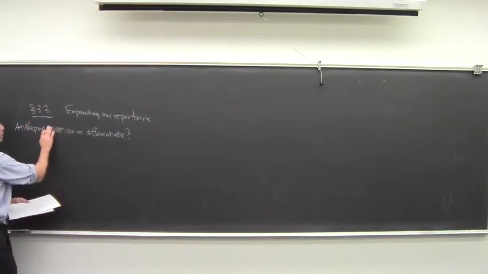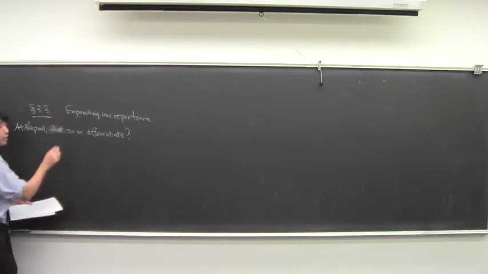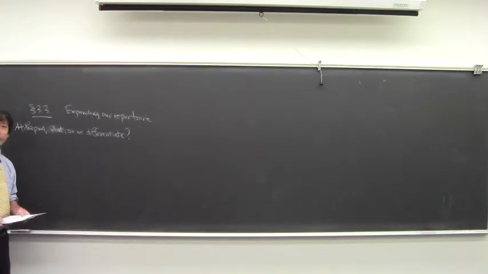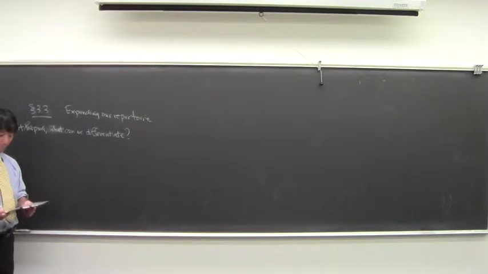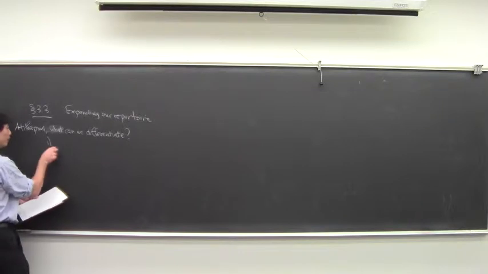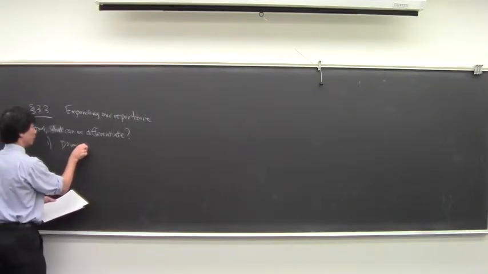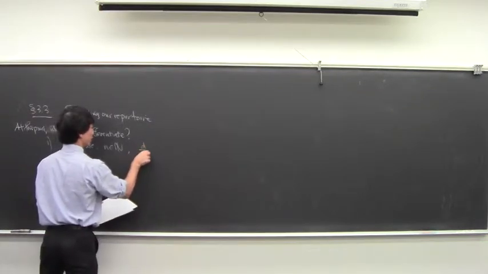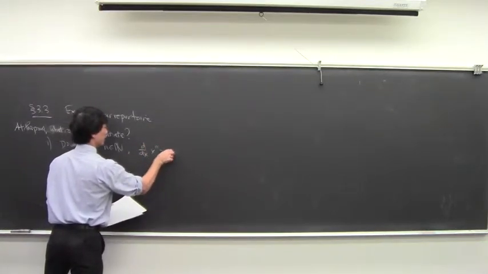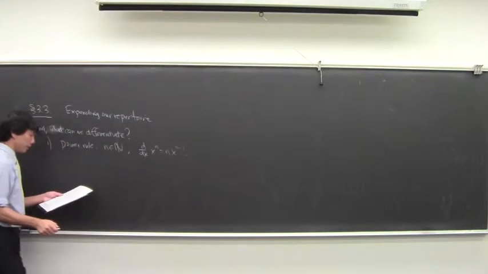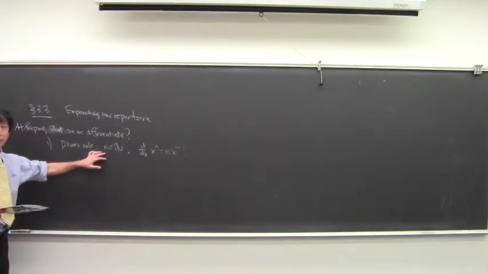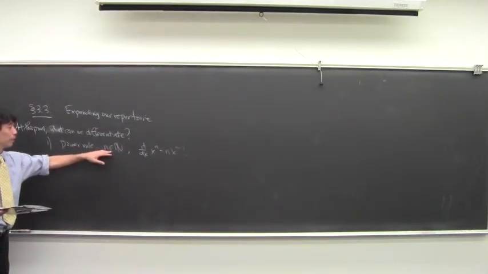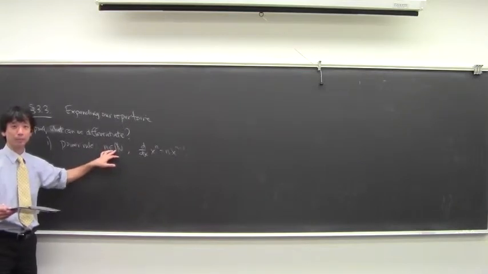We have the power rule, right? For a natural number, the derivative of x to the n is n x to the n minus 1, right? Although we don't have it for arbitrary real numbers, have we?